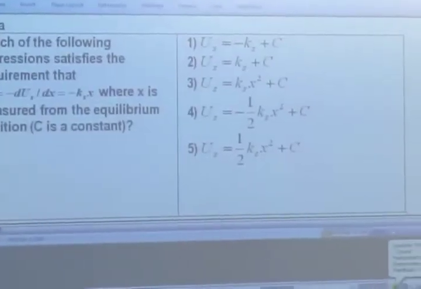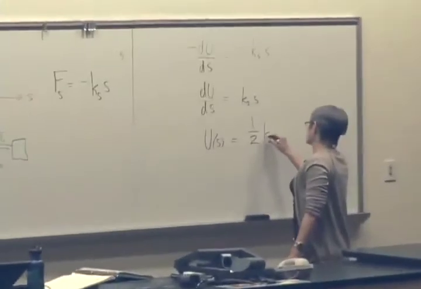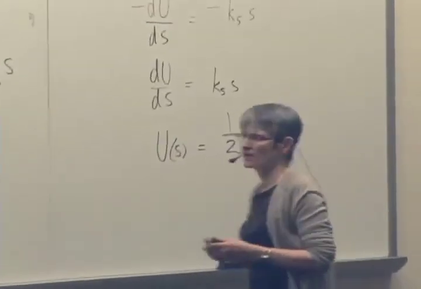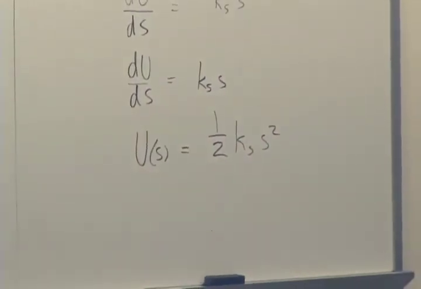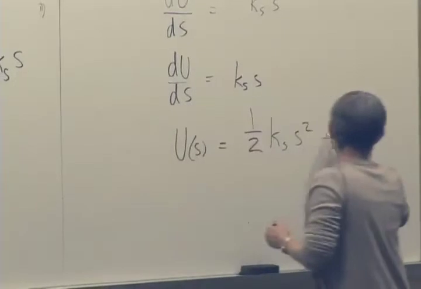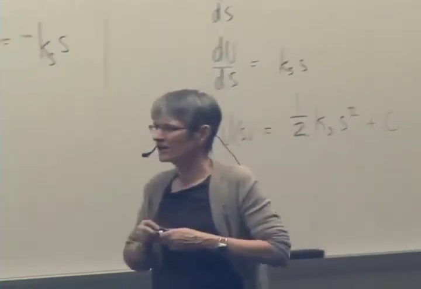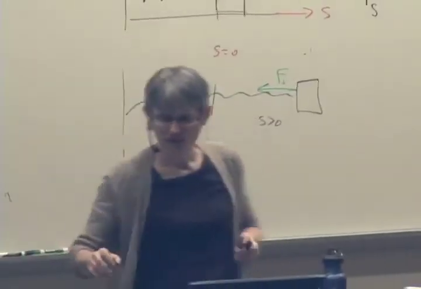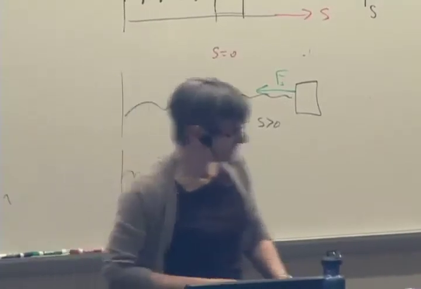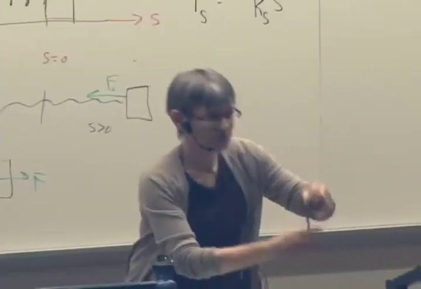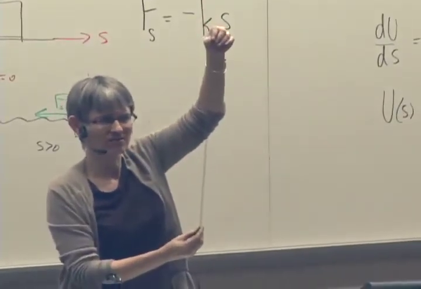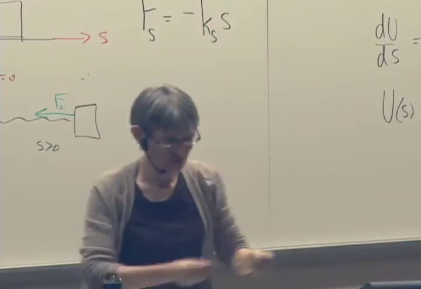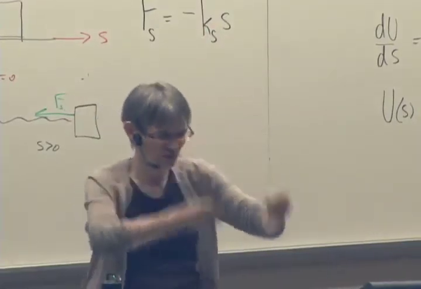Answer 5. That's correct. We have a half times the spring stiffness times S squared. How do we check this? Take the derivative, see if it works. And then there's this constant term. So that looks like the potential energy we put into a spring. It says the more it's stretched, the greater the potential energy stored in the spring. Okay, that makes sense. The more it's compressed too, though this isn't a spring that compresses well, but if it were.